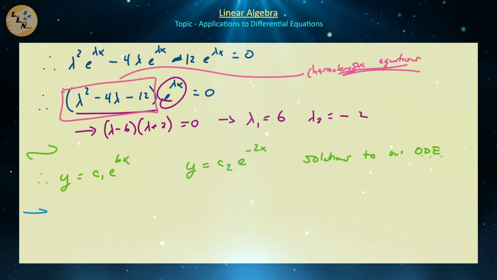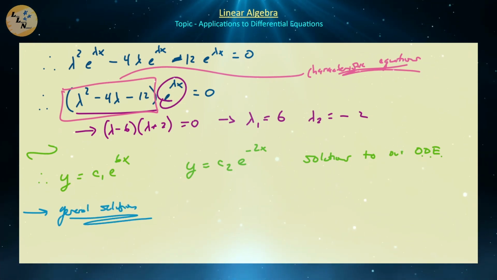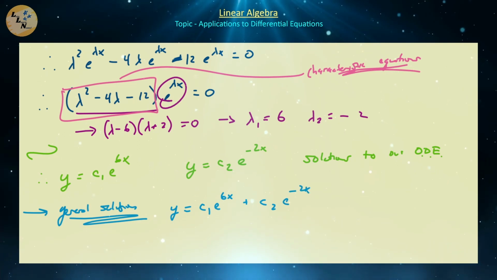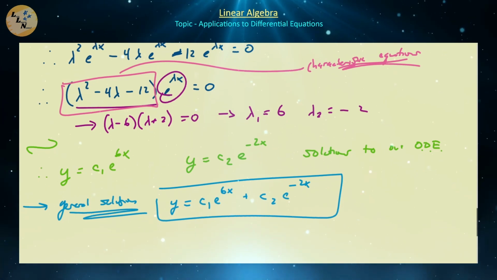So one can ask, what is the general solution? The general solution will just be the linear combination of these. So that means the general solution y is going to be equal to c1 e to the 2x plus c2 e to the minus 6x. And that is indeed the general solution for our differential equation.